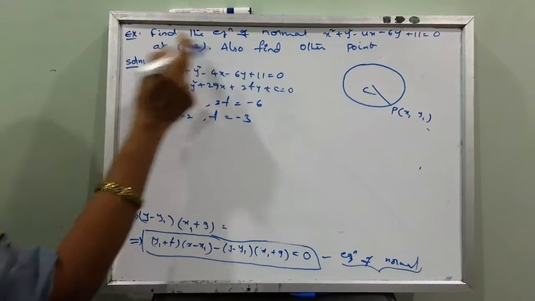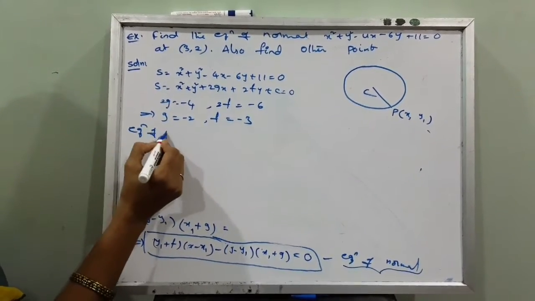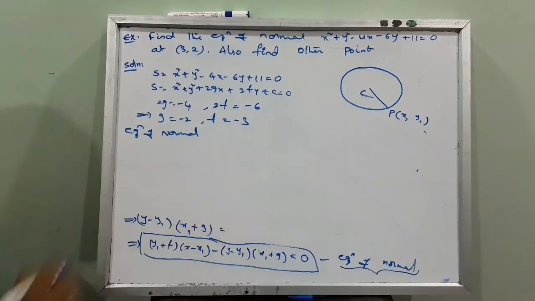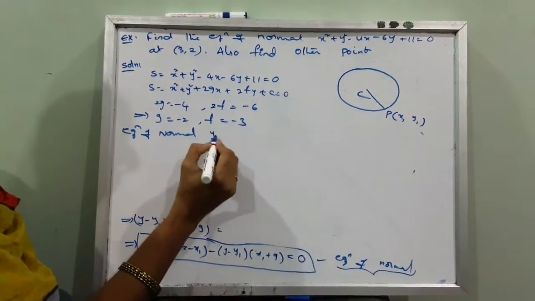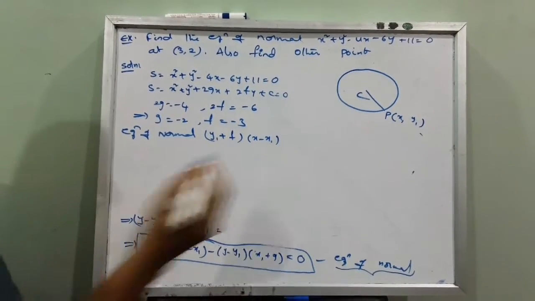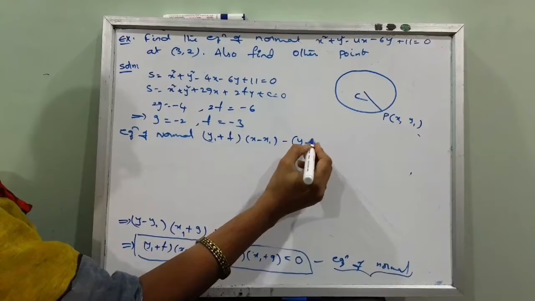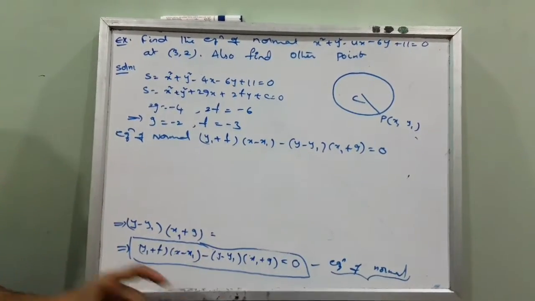Now we have to find the equation of the normal. The equation of the normal is (y1 plus f)(x minus x1) minus (y minus y1)(x1 plus g) is equal to 0.